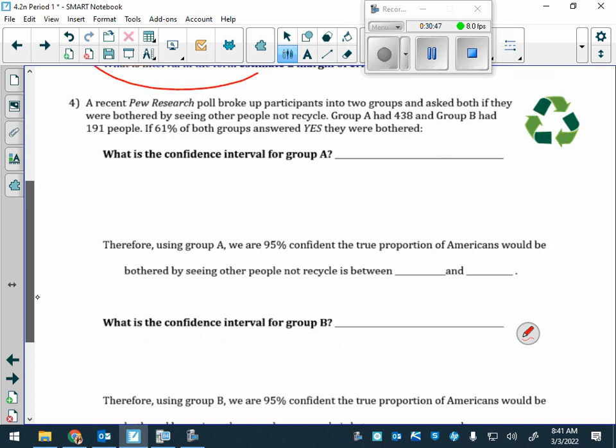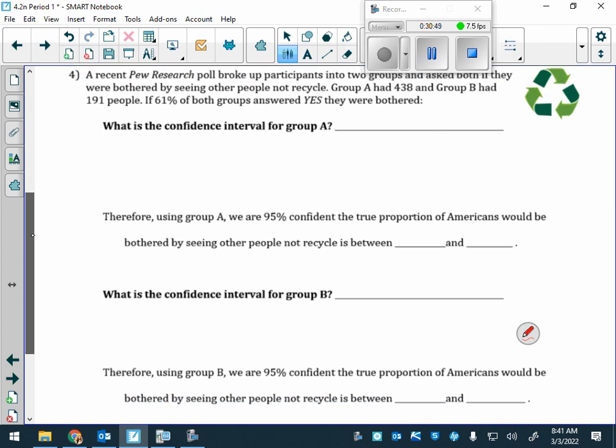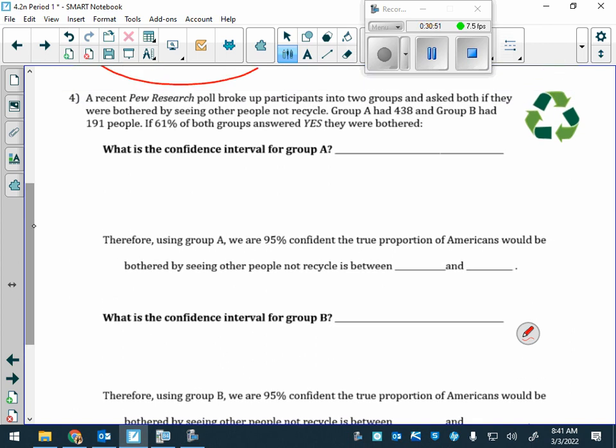All right, let's try our last one here. A poll broke up participants into two groups and asked both if they were bothered by seeing other people not recycle. Group A had 438 and Group B had 191 people that were surveyed.